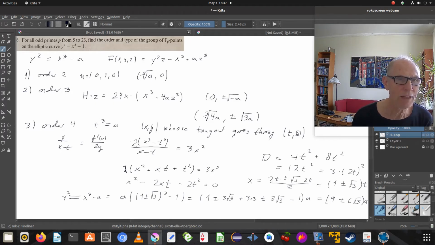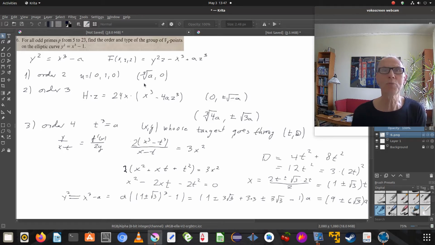First of all, A is unity, so there is only one square root of 1. There's only one cubic root of 1, and that's 1. So there are 2 points of order 2 and points of order 3.